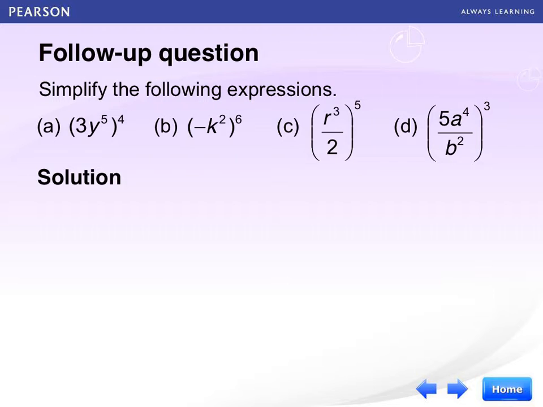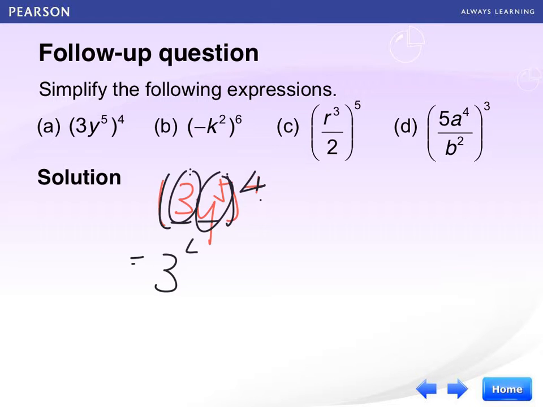Alright, now let's try these examples. For question 1, it is (3y to the power 5) overall to the power 4. Now we find that 3 times y to the power 5 takes overall the power 4. By the index law, each of these two factors takes power 4.